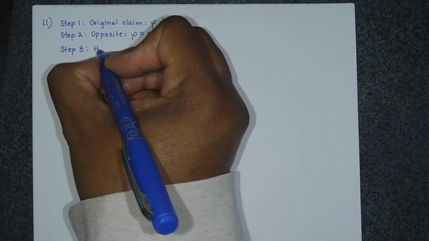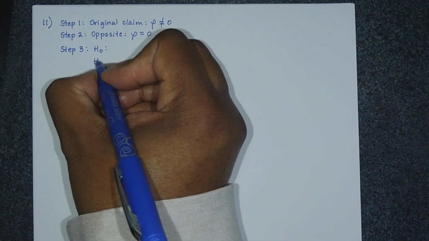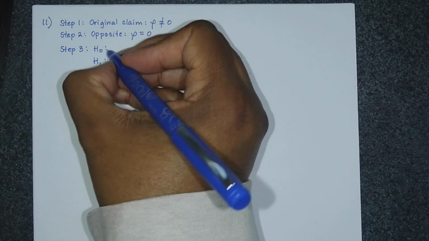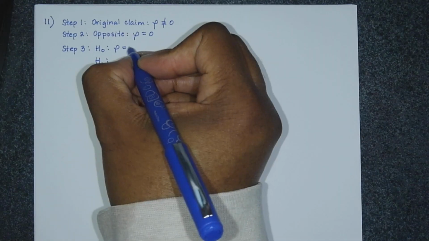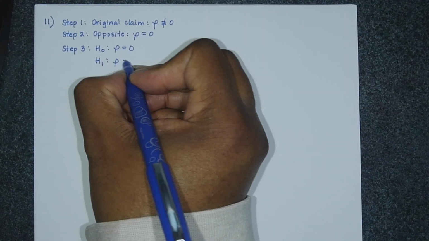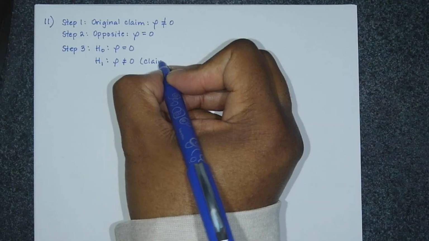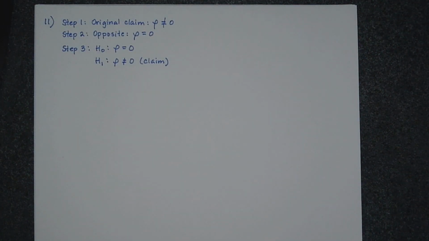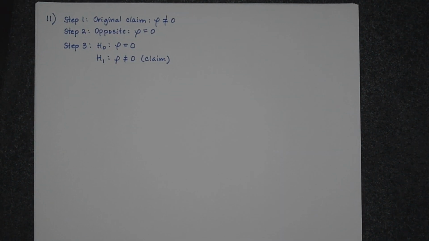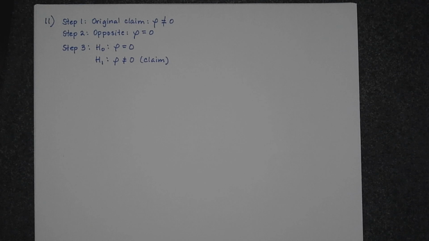And then the null and the alternative hypothesis. Of course, the null has the equal to sign. The alternative has the not equal to. And that's always going to be the case with these linear correlation problems.